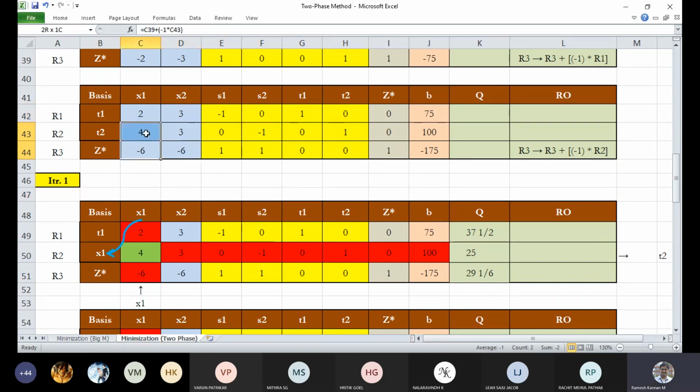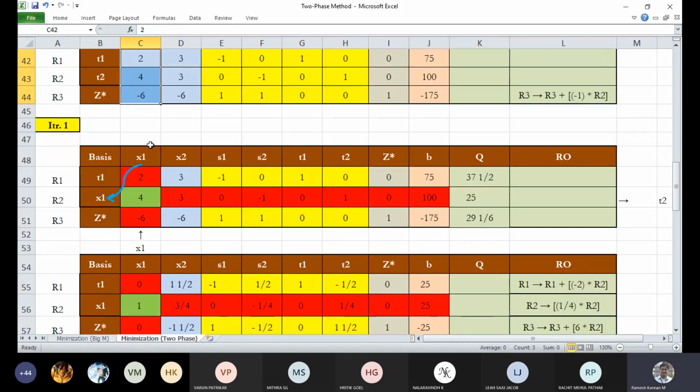If you select this, the key row will be T2, but if you select the other, the key row will be this one. So in this case I'm going to arbitrarily take the first column, since it's a maximum negative, and the first column is the key column.